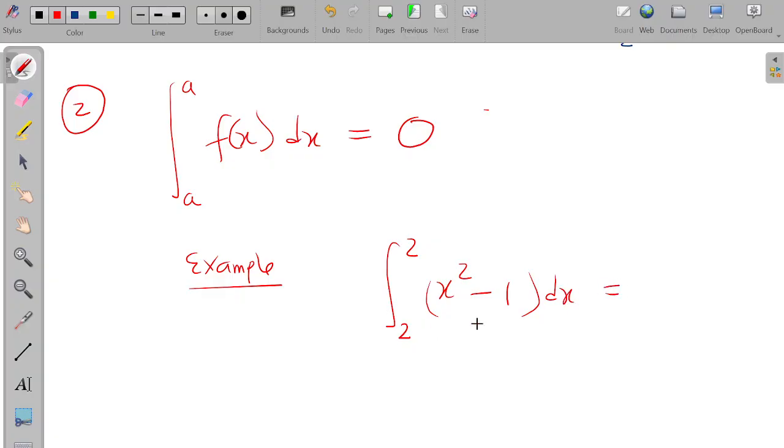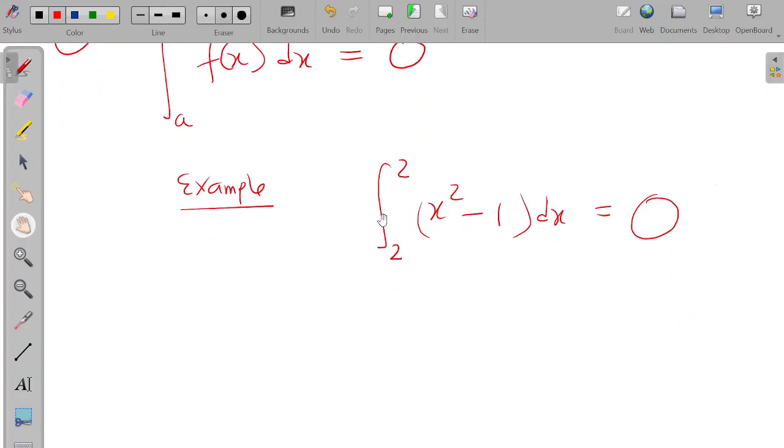You don't even need to evaluate this. This is 0 because the limit is from 2 to 2. They will cancel out and everything will be 0 because the upper and lower limits are the same.